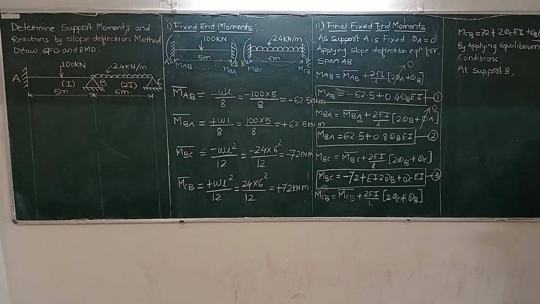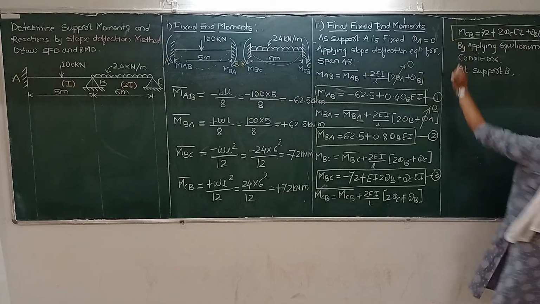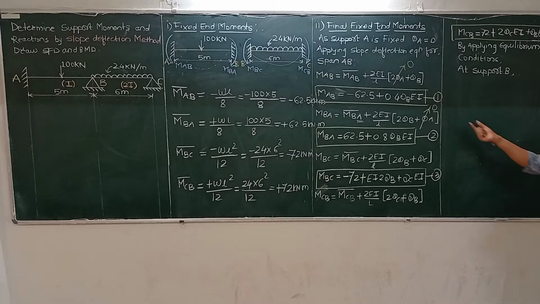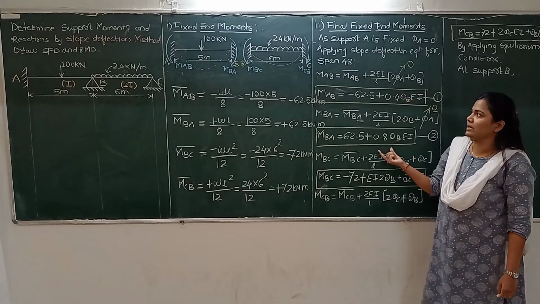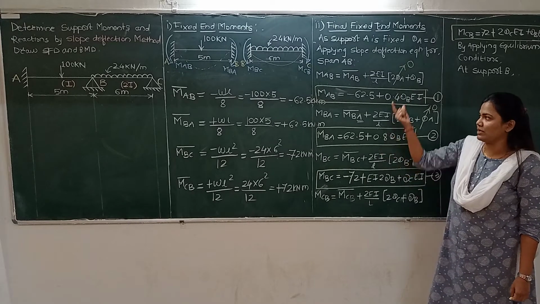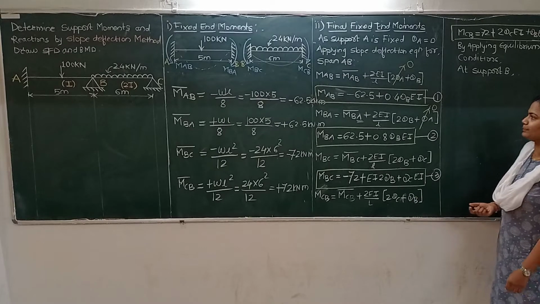that is equation number 4. Again, these are the most important equations to find the final end moments, so just bracket them. These are the 4 equations we got to find the final end moments by slope deflection equations, which we use further for the calculation of final end moments.